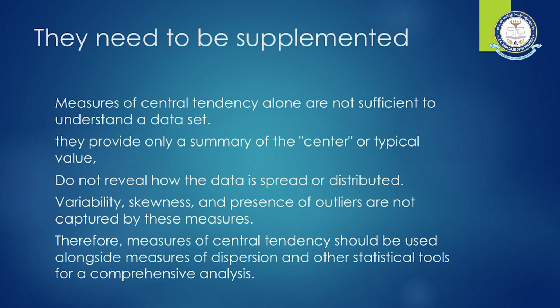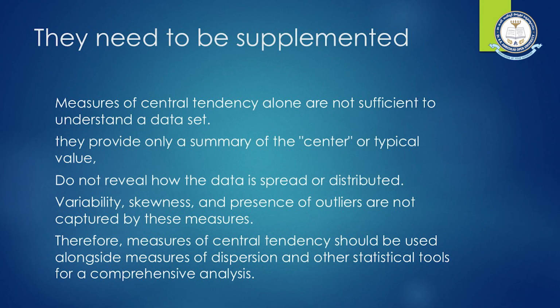However, measures of central tendency do not explain the entire thing about the distribution. We have to supplement them with measures of variation and measures of skewness, because measures of central tendency give us only the central or typical value of the distribution, and they do not reveal how the data is spread or distributed.